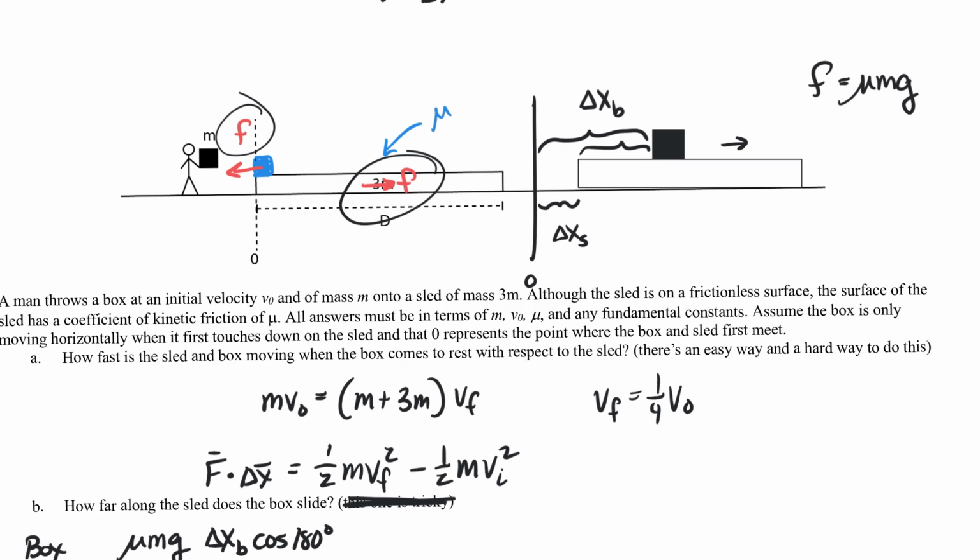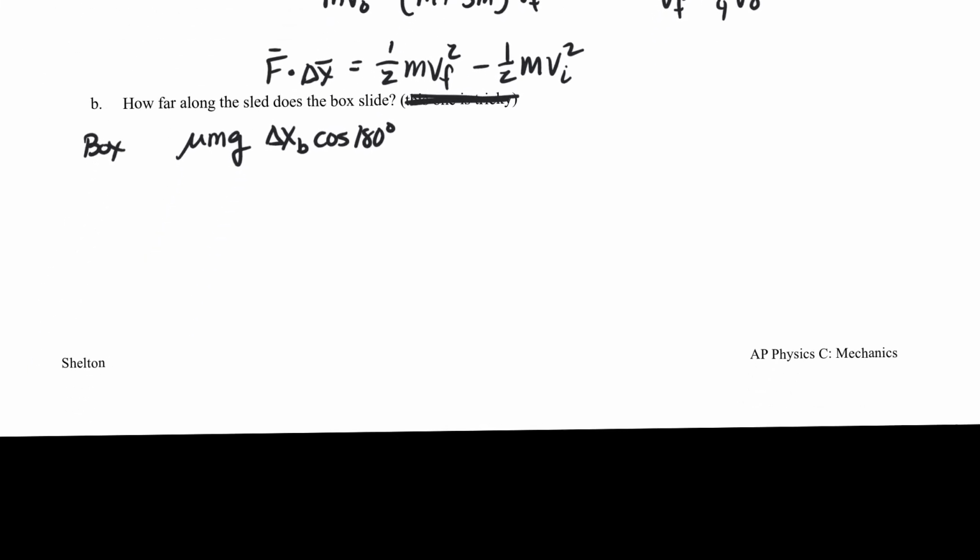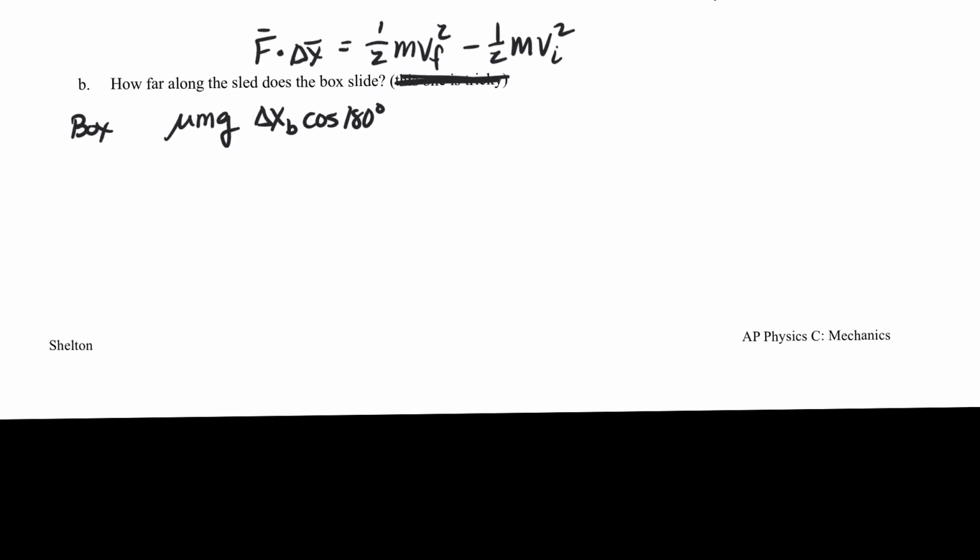We all good? All righty. This has to equal 1/2 m v final, 1/4 v0 squared, minus 1/2 m v initial. Now they gave that to us.